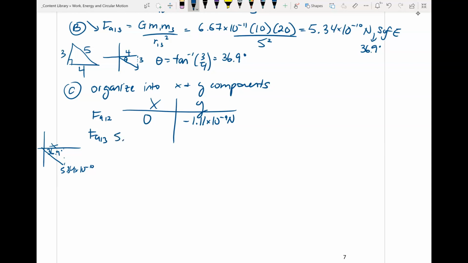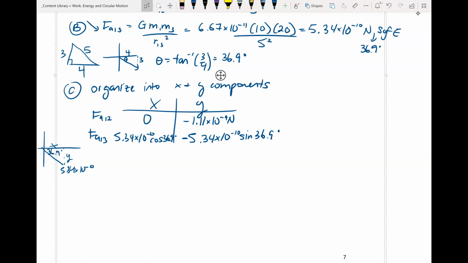So that's 5.34 times 10 to the power of negative 10 cos 36.9. Then for my y, it's going to be sine to get my y, which is opposite over hypotenuse. That's 5.34 times 10 to the power of negative 10 sine 36.9 degrees. And remember to include a negative in the front because it is going down, it's going south.